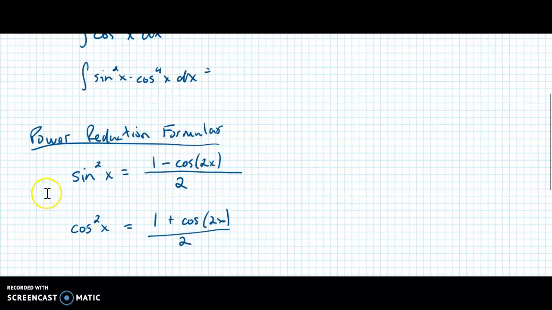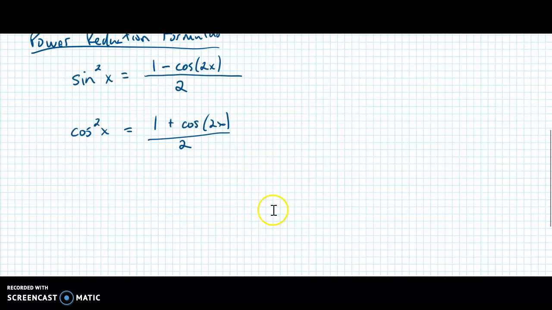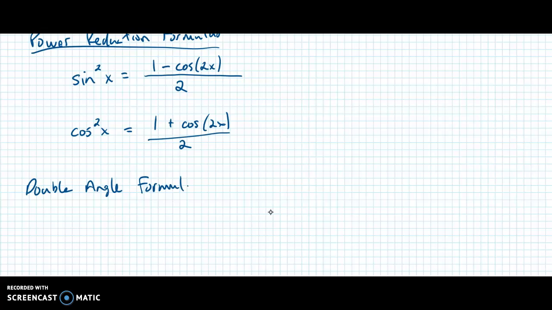So I'm going to show you the double angle formulas in a moment. The double angle formulas, which we can prove in similar ways, include one for cosine and one for sine. Sine's double angle formula says sine of 2x is equal to 2 sine of x times cosine of x.